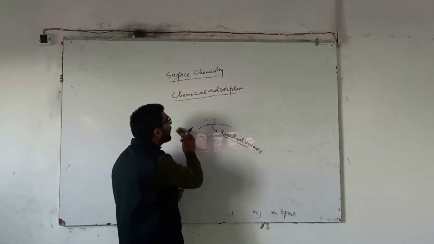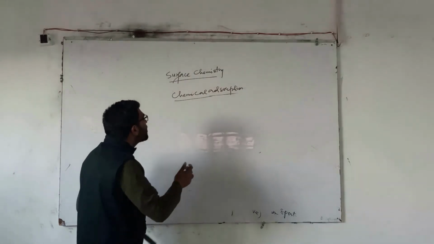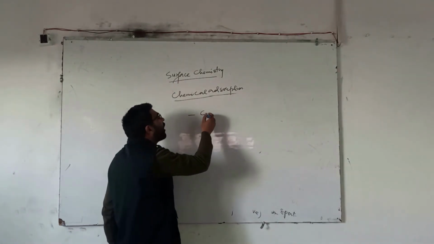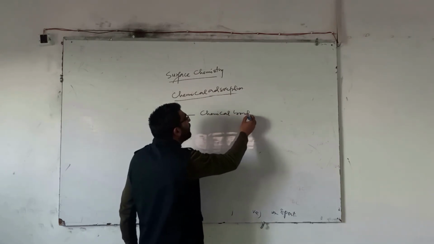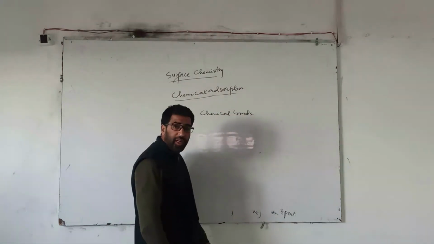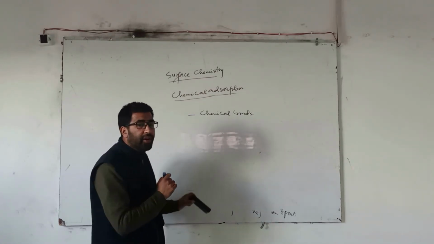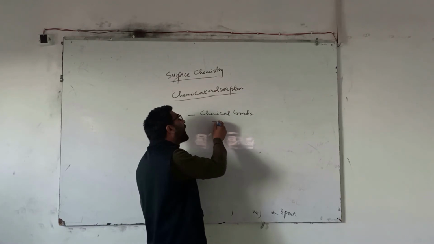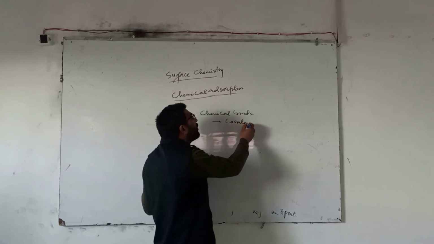So what is meant by chemical adsorption? Chemical adsorption means when there are present chemical bonds. Remember it. When there are present chemical bonds between the adsorbate and the adsorbent. Now what is meant here by chemical bonds?